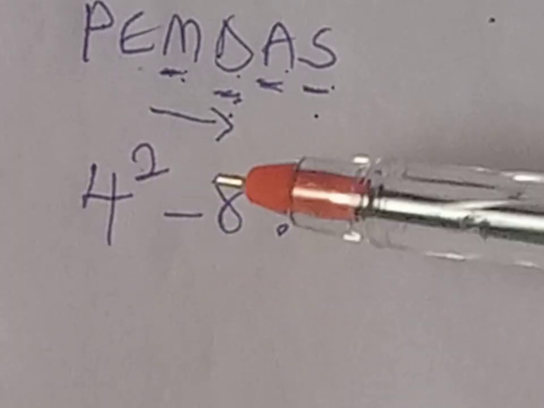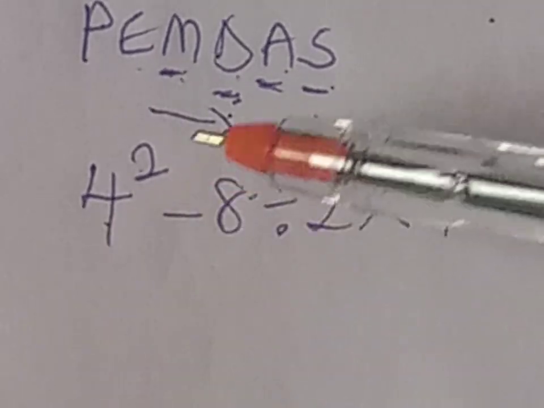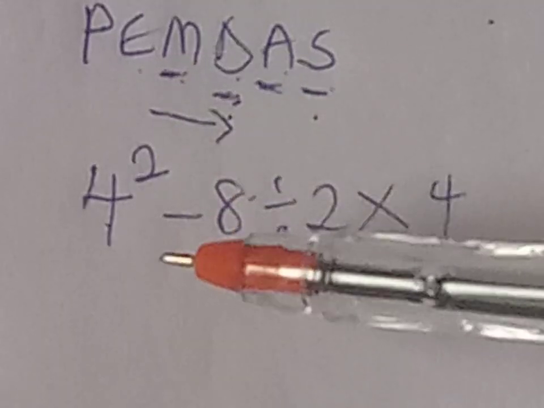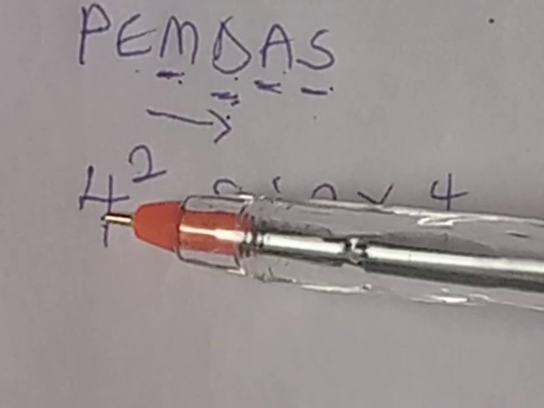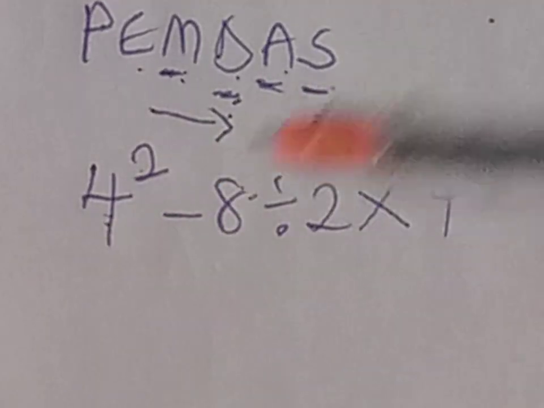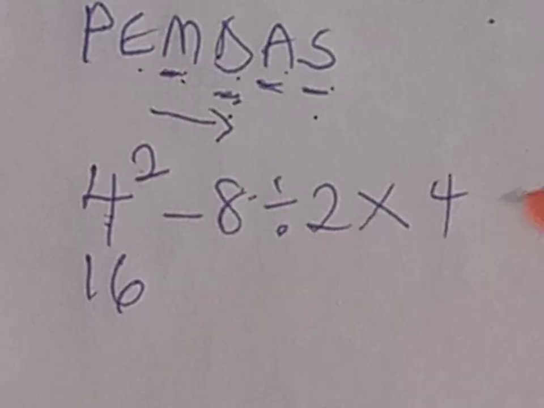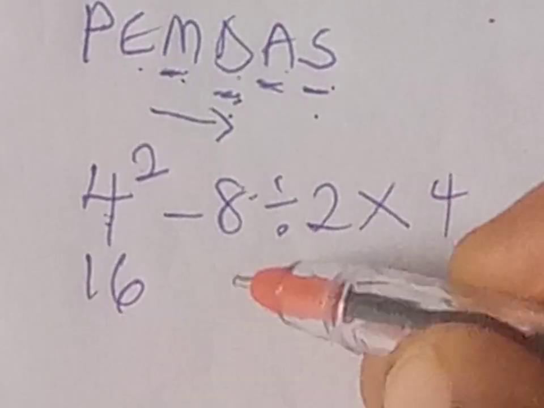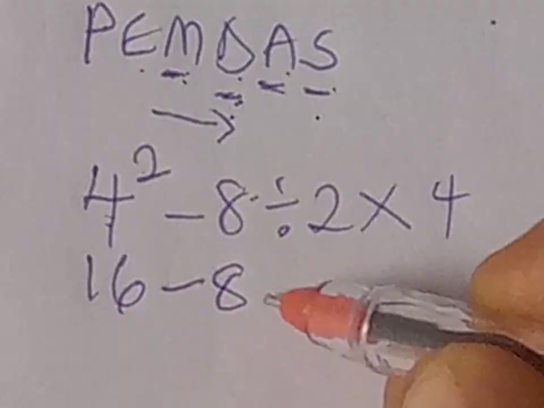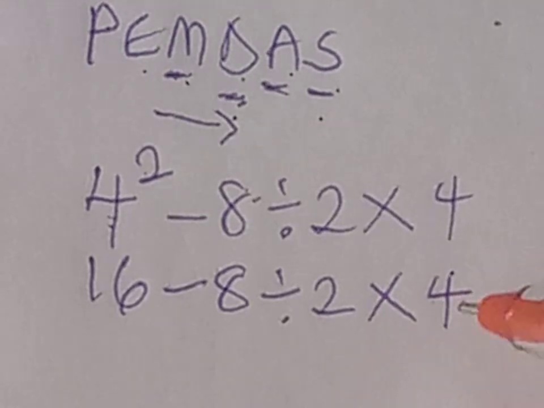It tells us to square 4 and not to double it. Squaring means multiplying a number by itself. So 4 squared equals what? 4 times 4, which will give us what? 16. So our question becomes 16 minus 8 divided by 2 multiplied by 4.